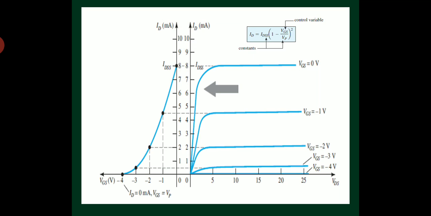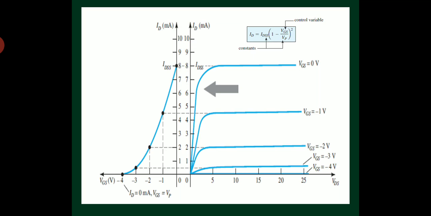So what is IDSS here? IDSS means maximum drain to source current, saturation drain to source current. Saturation means maximum. When VGS is equal to 0 volts, it is the maximum current that flows in the FET. When VGS is equal to 0, it is called IDSS, right?